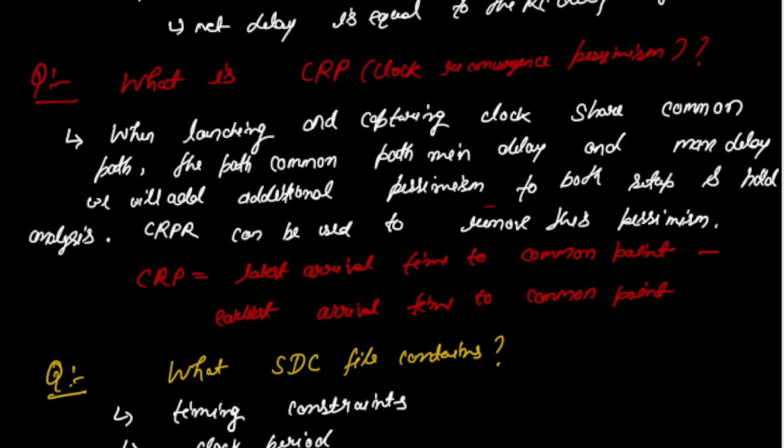CRP is equal to the latest arrival time to the common point minus the earliest arrival time to the common point.